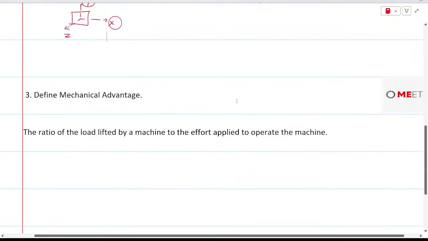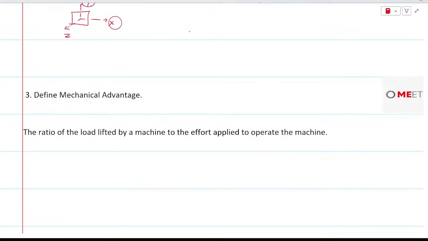Next is mechanical advantage. Mechanical advantage is expressed as the ratio of load lifted by the machine to the effort applied. So mechanical advantage is load by effort. If mechanical advantage is greater than 1, then the force is multiplied.